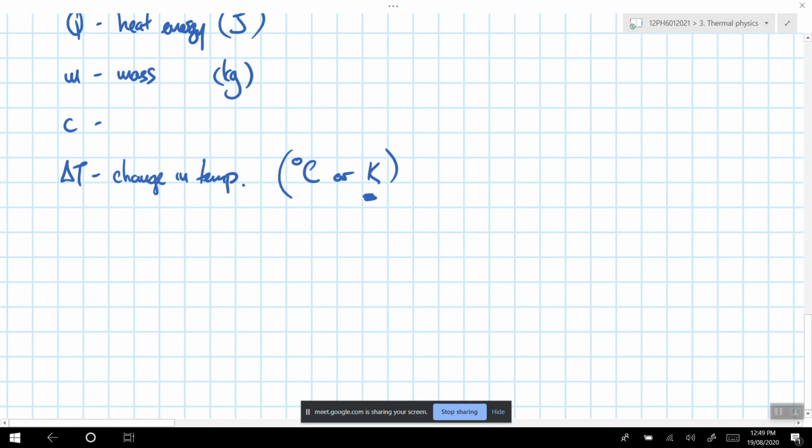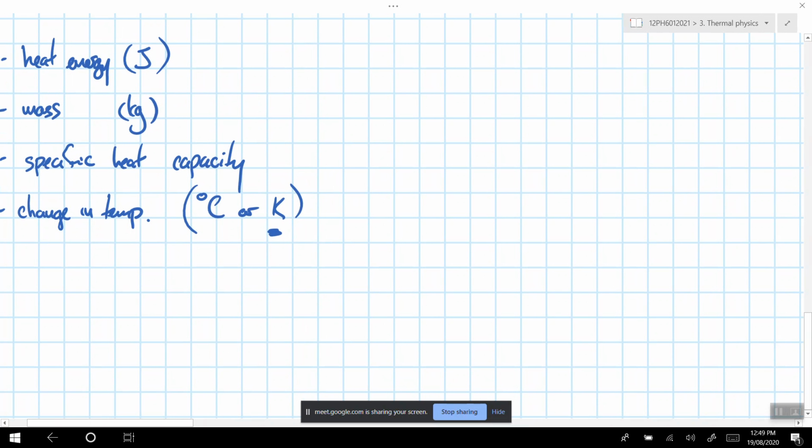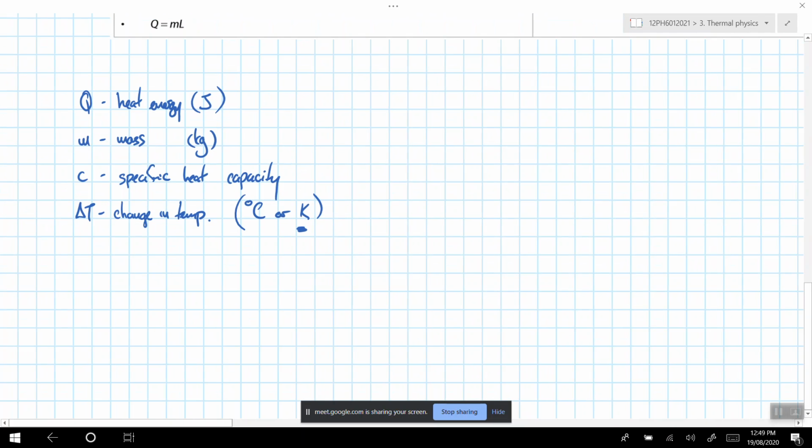And this C thing is what we call specific heat capacity. And I'm going to show you how we can figure out what the units are for this.